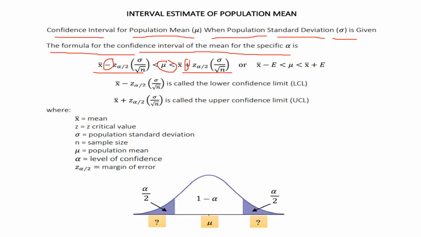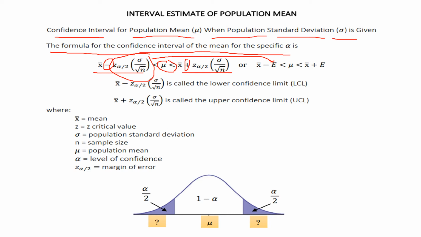This portion, C sub alpha over 2 multiplied by sigma over square root of n, is the counterpart of your E here. So your E will be equal to C sub alpha over 2 multiplied by sigma over square root of n, your sample size.